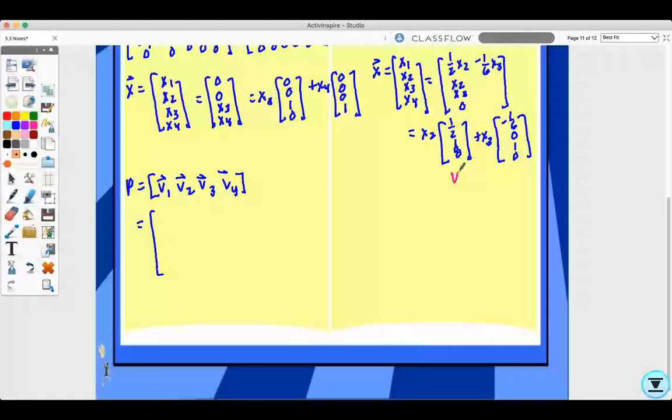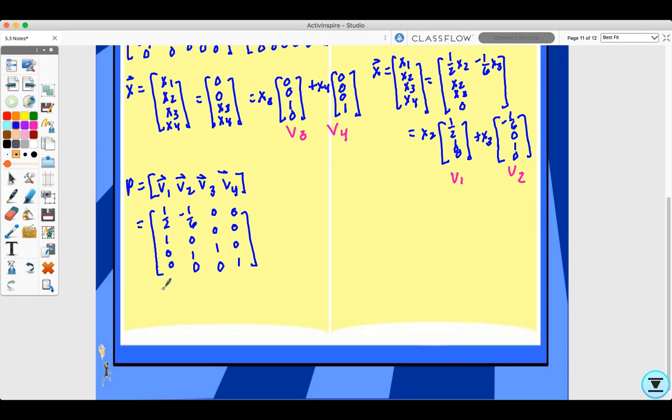I'm going to go ahead and have this be V1, V2, V3, and V4. So I would have 1/2, 1, 0, 0, and then negative 1/6, 0, 1, 0, then 0, 0, 1, 0, and 0, 0, 0, 1.